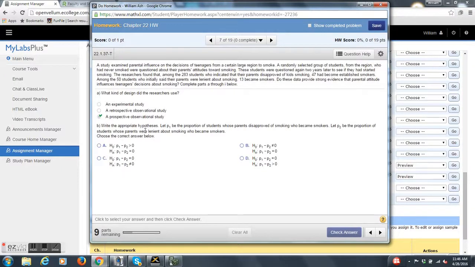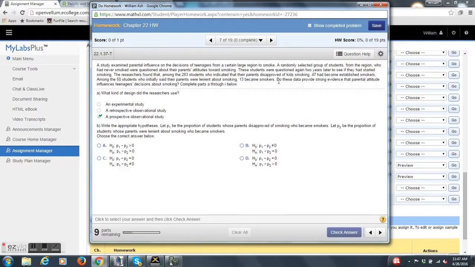First of all, I'm going to throw out immediately that one and that one because you can see the null hypothesis is not equal 0, which it has to be. So if we look at the question, it is suggesting the idea that if the parents had an attitude towards smoking, would it affect if they become a smoker?